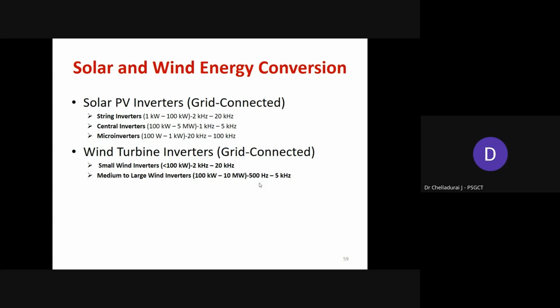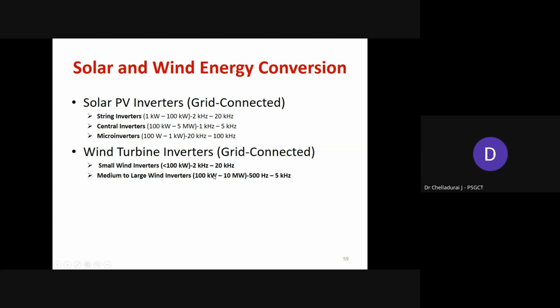In string inverters, 1 kilowatt to 100 kilowatt, the preferable operating frequency is 2 kilohertz to 20 kilohertz. Similarly, for central inverter based topology, 100 kilowatt to 5 megawatt, it is 1 kilohertz to only 5 kilohertz. That is, the output switching frequency is limited up to 5 kilohertz. For micro inverters, the switching frequency is increased up to 100 kilohertz.